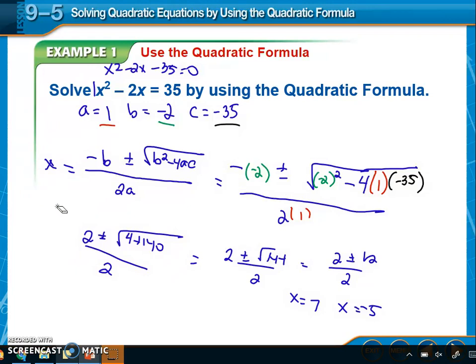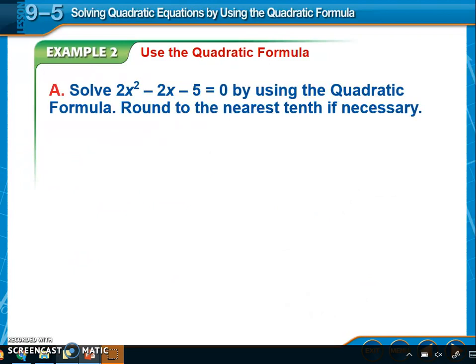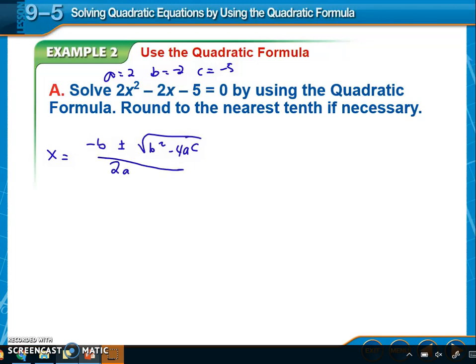Okay, so this is the quadratic formula. So if I'm doing this one, we're going to go through. Everything's already on one side, so I don't have to worry about that. My a is 2, my b is negative 2, and my c is negative 5. So I'm just plugging all of those things into my quadratic formula, which is x equals negative b plus or minus the square root of b squared minus 4 times a times c, and then that whole thing divided by 2 times a.